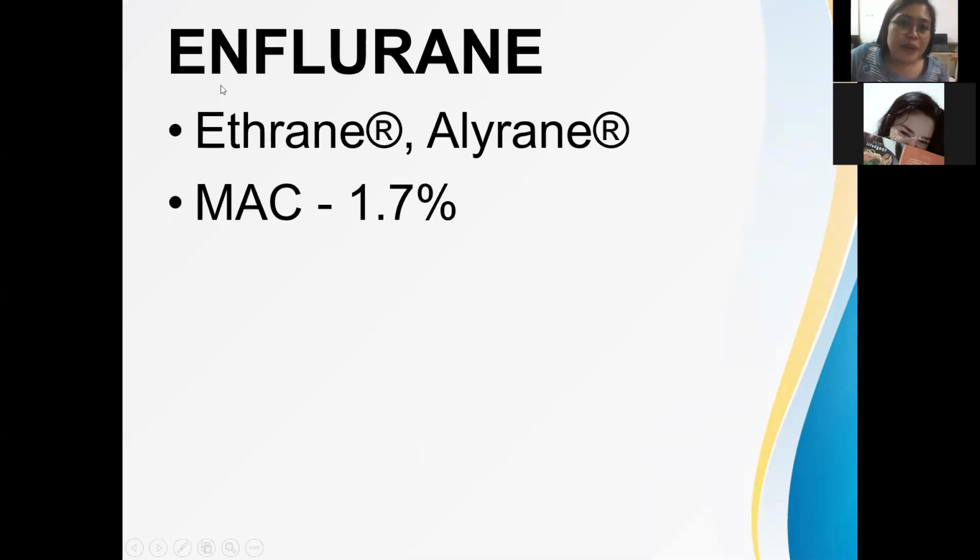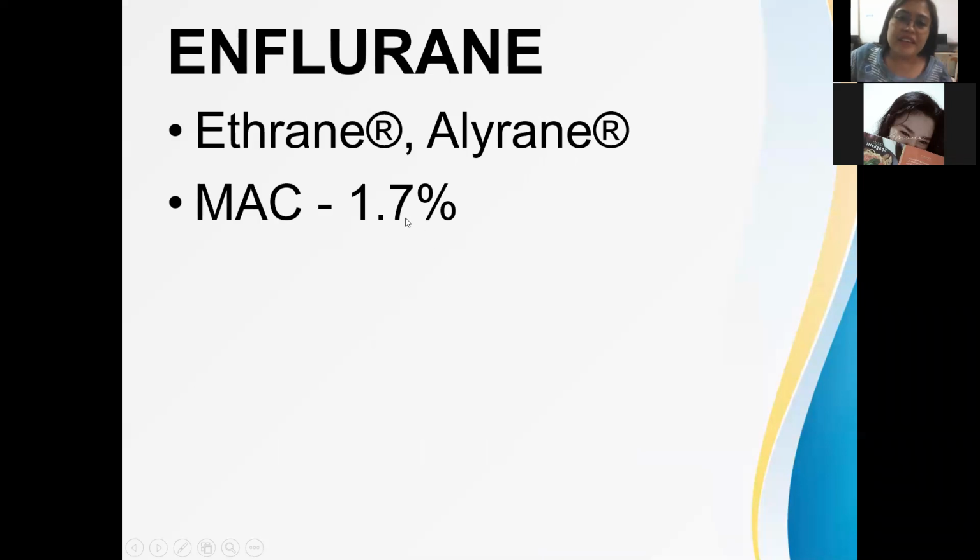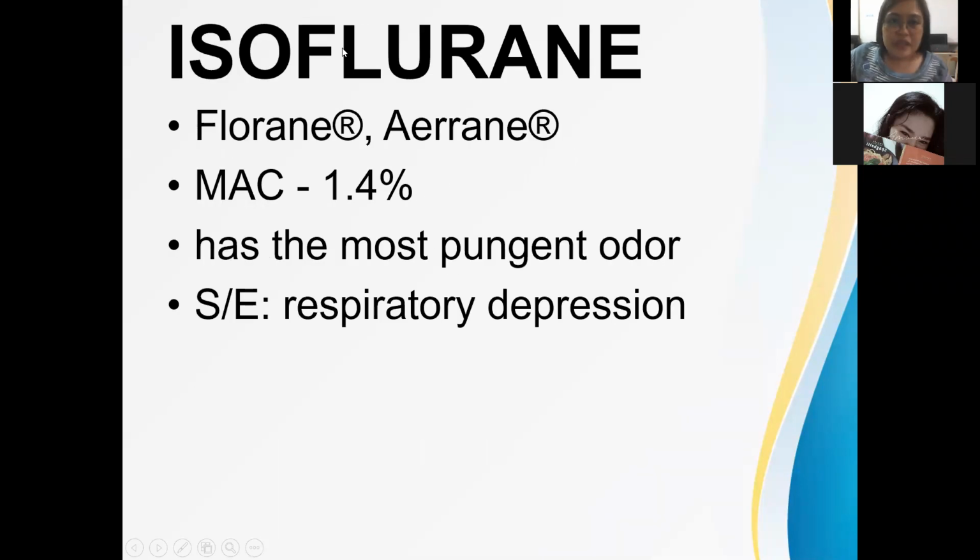So another one, we have enflurane. The MAC is much higher compared to halothane. It's 1.7%. And then we have isoflurane. What you have to remember for isoflurane is that it has the most pungent odor. Of all of them, this is the smelliest, since these anesthetics are inhaled and their smell is not pleasant.